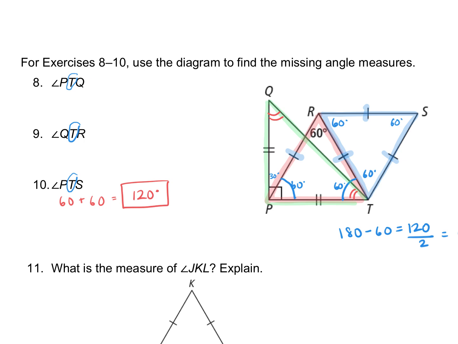Well, we know that this whole triangle, those angles add up to 180 degrees, and one of those angles is 90 degrees. So we can take 180, subtract 90. That leaves us with 90 degrees left for these two angles that are congruent. So to figure out those, we will just divide by 2, and those are each going to be 45-degree angles.